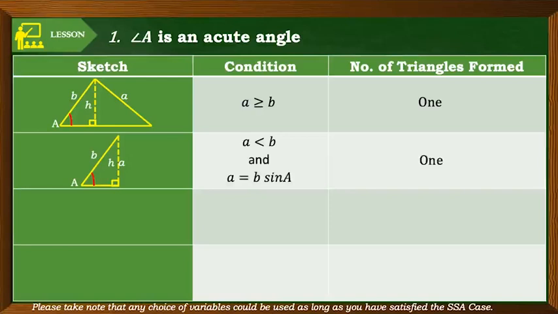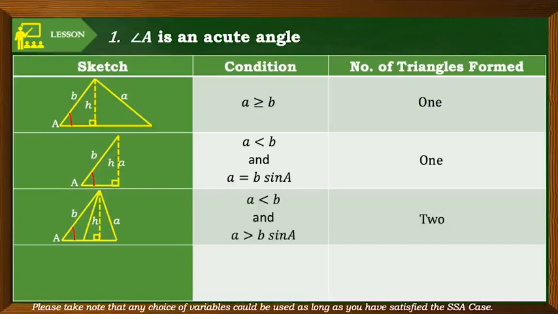For the third illustration, if angle A is an acute angle and its opposite side a is less than the adjacent side b, then you check that a is greater than b times sin A, then there are two triangles formed.